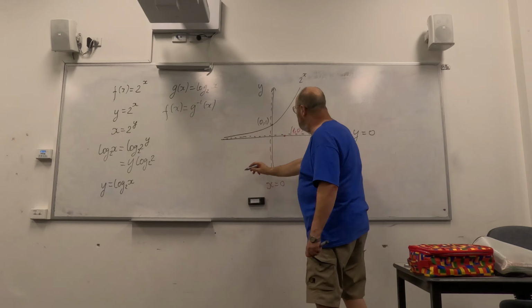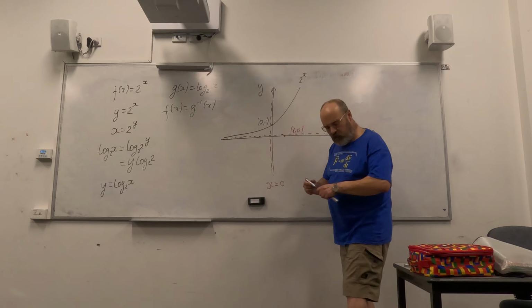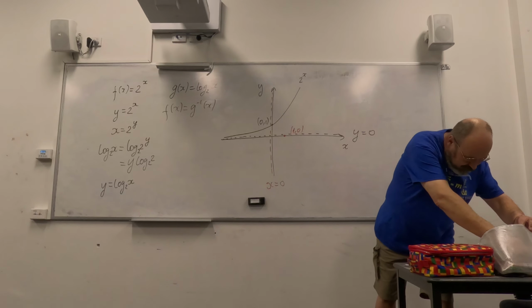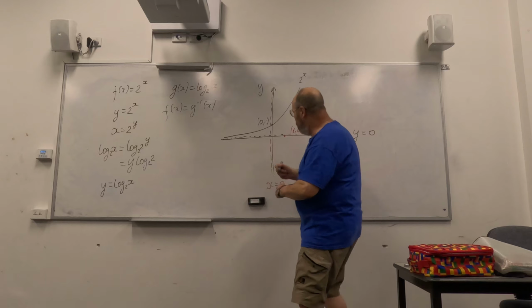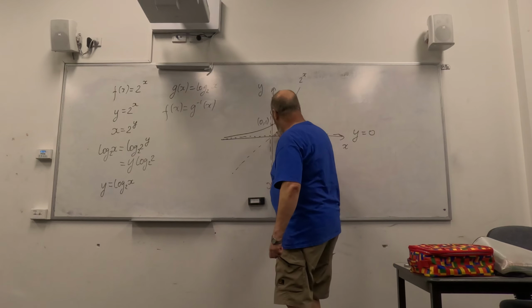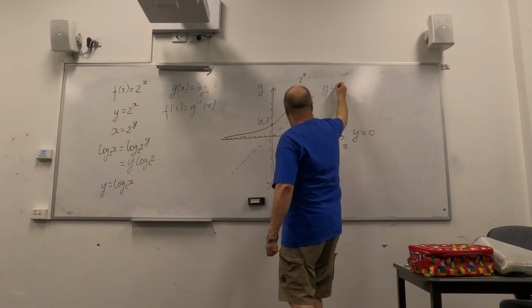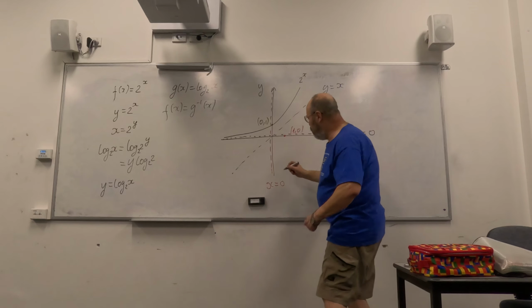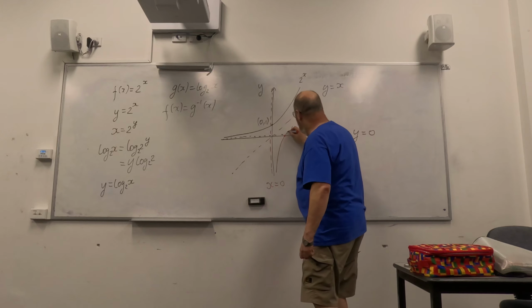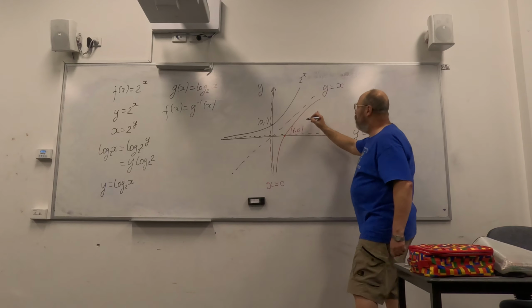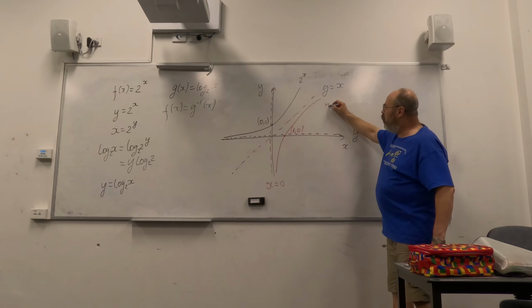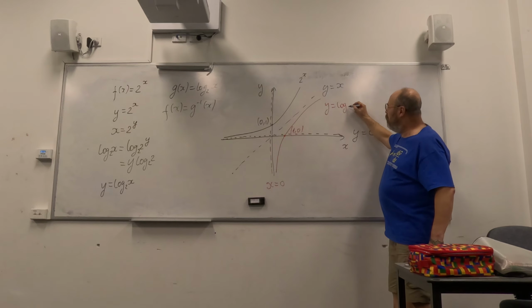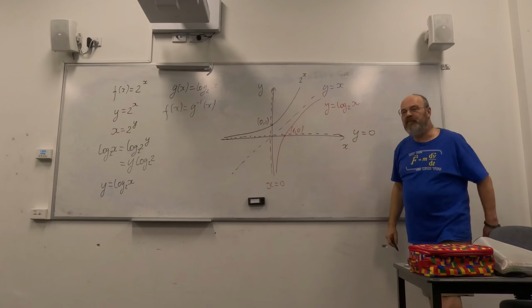And reflecting it in the line, if you draw the line y equals x, we get the log graph. This is y equals log x with the base 2.